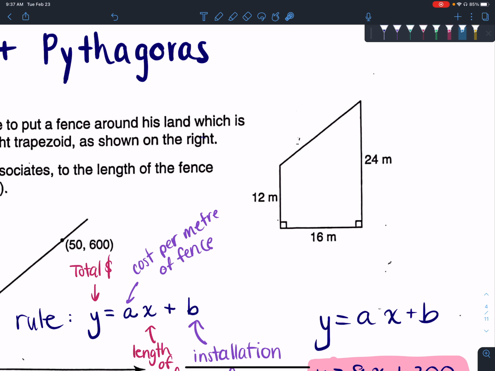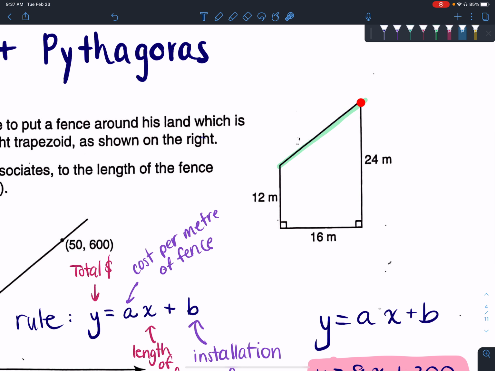So what I like to do to make sure that I'm creating the right triangle is I like to highlight the side that's missing. You want to make sure that the side that you're missing is included in the right angle triangle that you create. Otherwise, you can't really use Pythagoras with it.